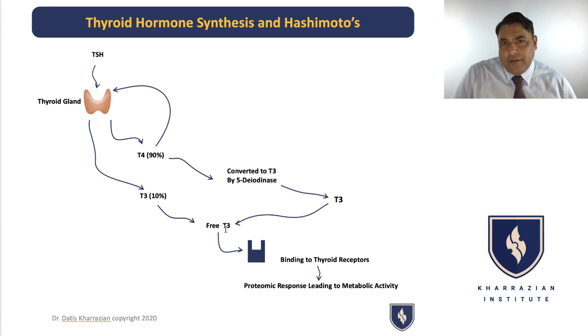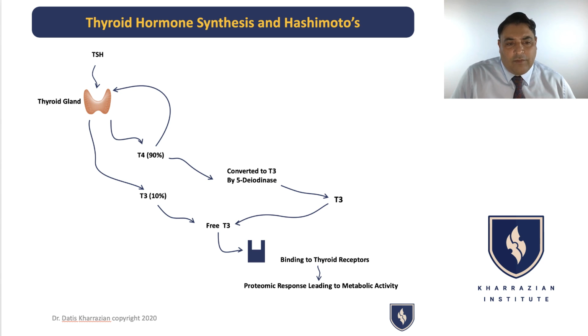No one actually knows the actual enzymes and steps that are involved with that at this point, but they know that at some point T3 levels get converted to a free T3 state, and it's only this free T3 state that can actually bind to the receptors and then lead to a proteomic response where you get secondary cellular messenger responses that then control metabolic activity through various pathways in the body, to various tissues and various biochemical steps, which we talk about in the other pre-conference video. So these are all the steps that are involved in basic thyroid function.